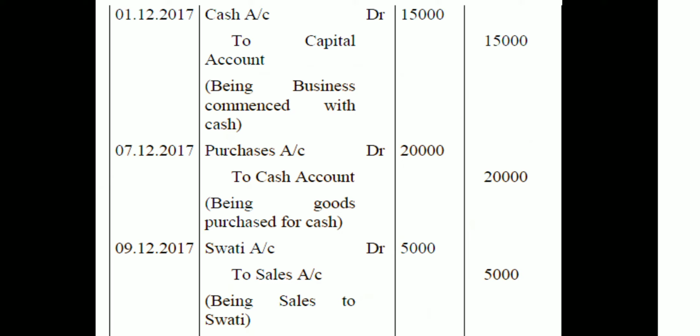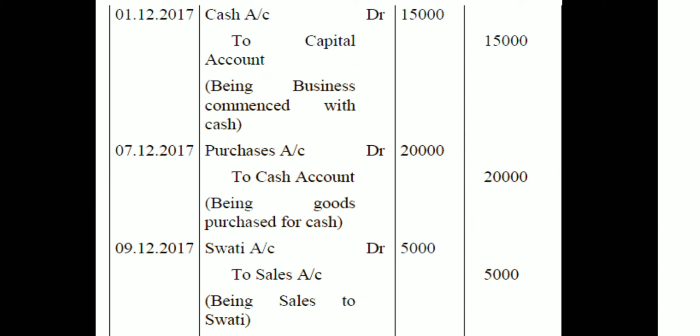Cash account debit to capital account, being business commenced with cash, or we can write being business started with cash. Cash account debit to capital account, being business started by 15,000 rupees.